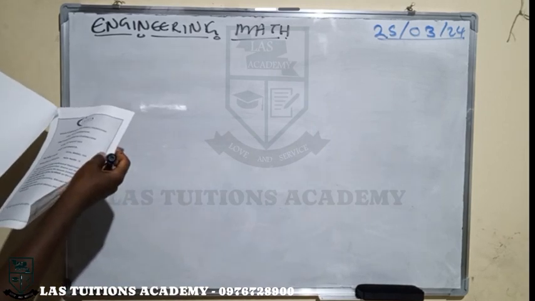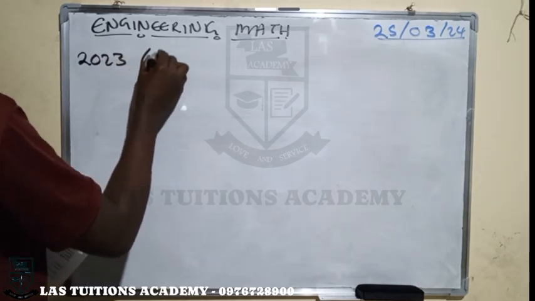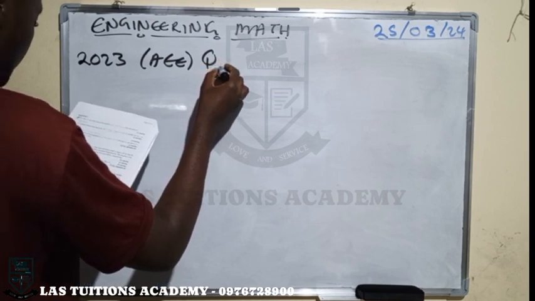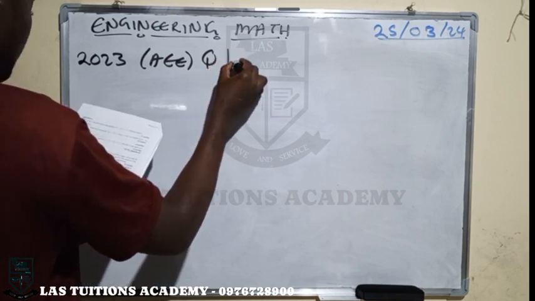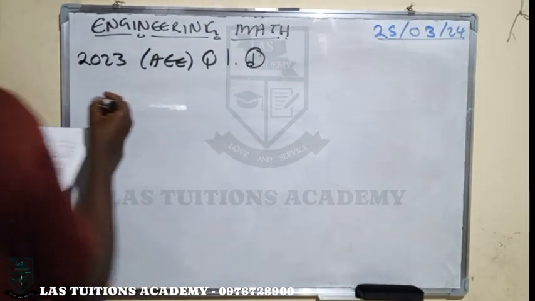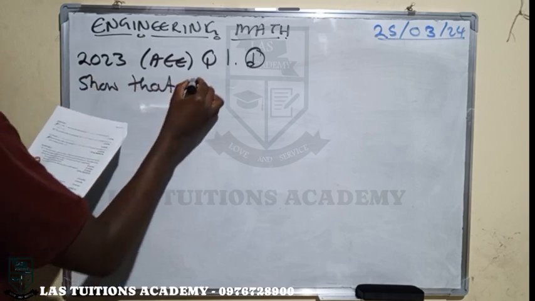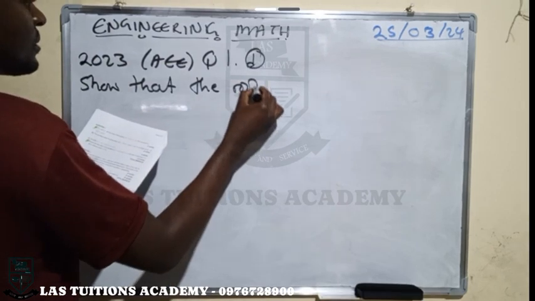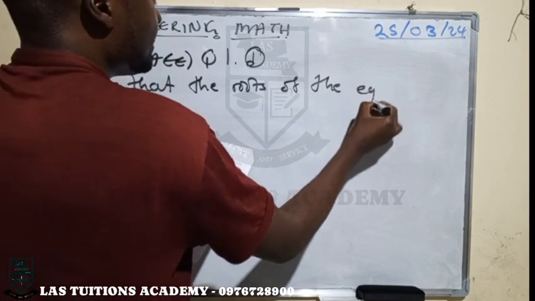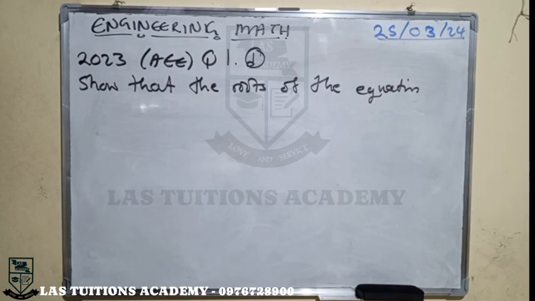Like this one, it was 2023 AEE. So this is probably question 1D. Okay, question 1D, which says show that the roots of the equation... Now, if you had all confirmed that you have the questions, then I may not need to write them on the board.